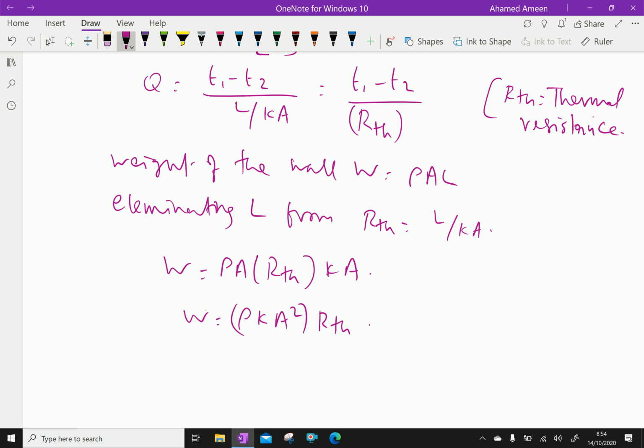This is the weight of the wall we have to select for the particular temperature difference.